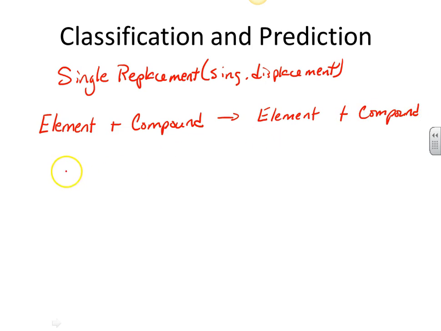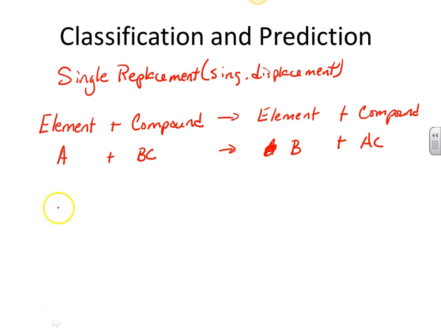If we use some generic symbols, we can say element A reacts with compound BC to yield element B plus AC.